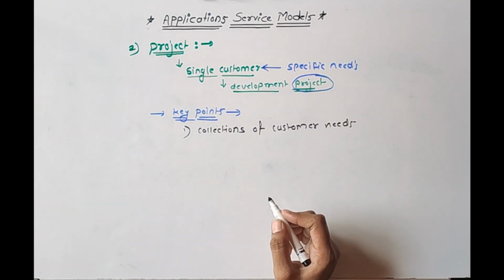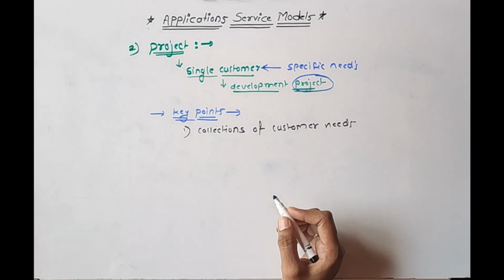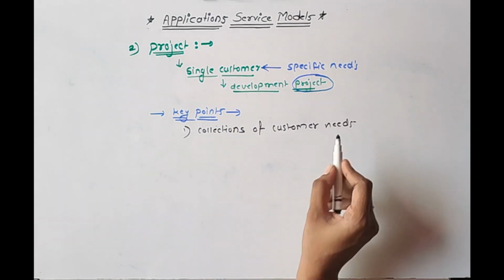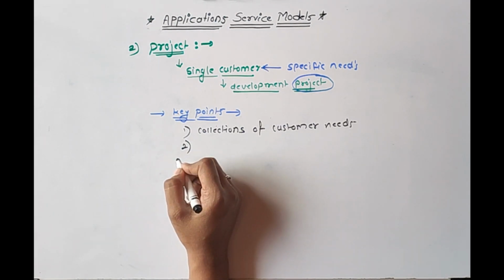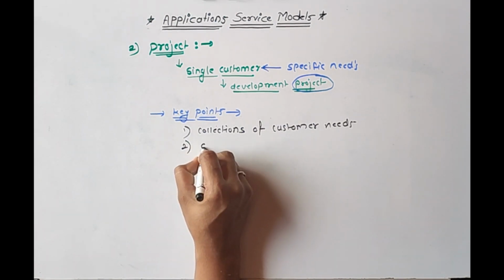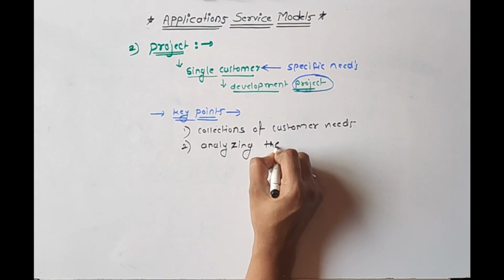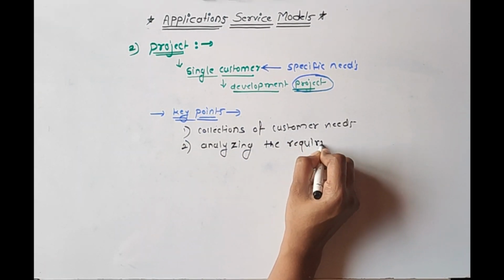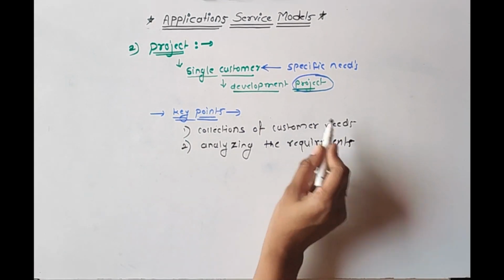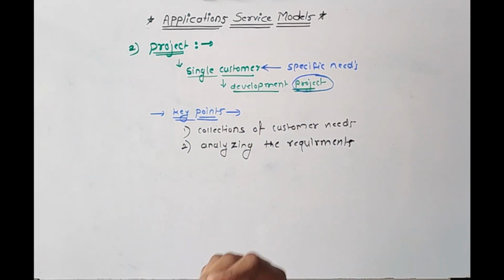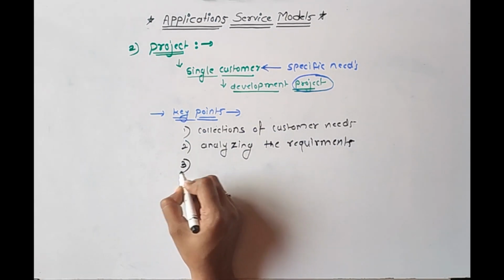In product we are gathering requirements, but in project we are collecting the customer needs. Then we are analyzing the requirements. On the basis of the collection of customer needs, we are analyzing all those requirements.